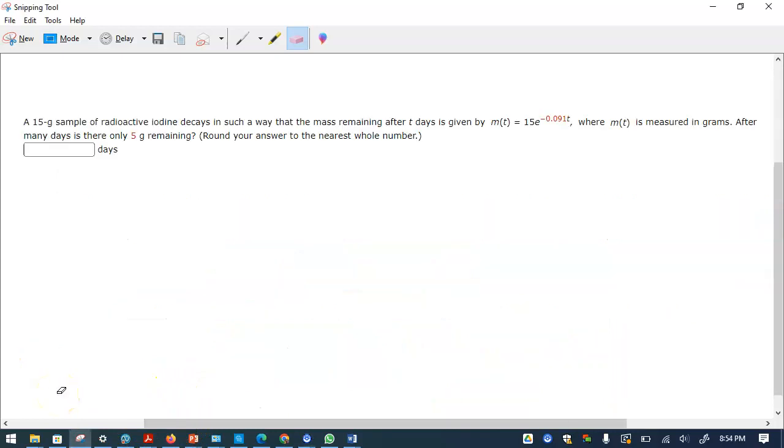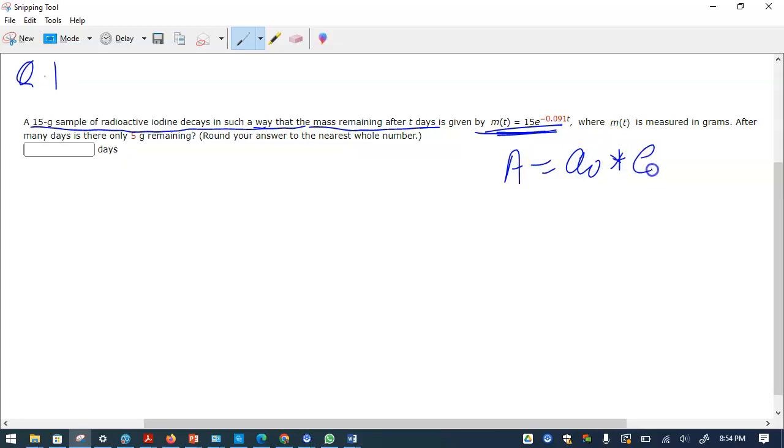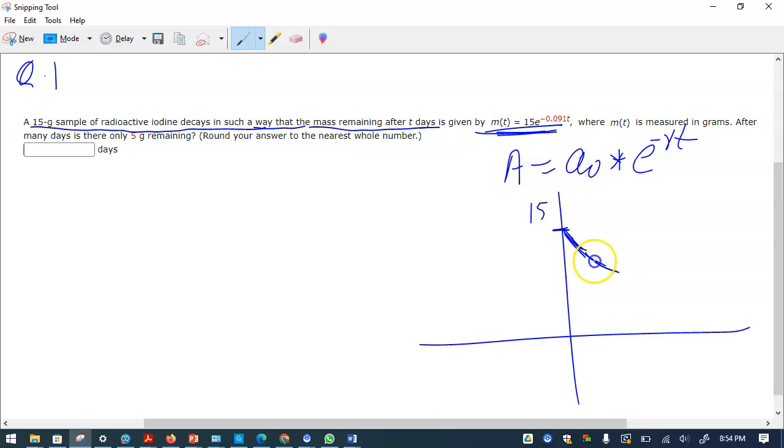Question number 1 is: a 15-gram sample of radioactive iodine decays in such a way that the mass remaining after t days is given. So you are already given this. Remember, this is exactly like A equals A naught, what was in the beginning, times e raised to rt. That means in the beginning it was 15, and then the radioactive substance goes on decreasing, decays.